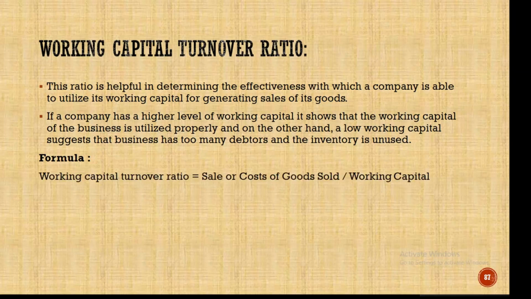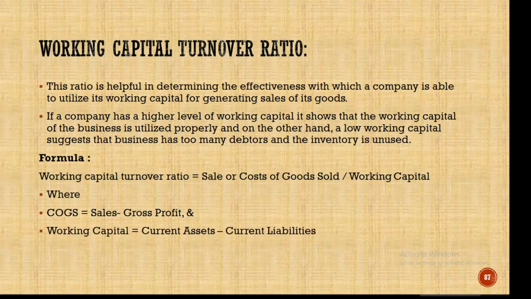Formula: working capital turnover ratio is equal to sales or cost of goods sold divided by working capital, where cost of goods sold is equal to sales minus gross profit and working capital is calculated as current assets minus current liabilities.